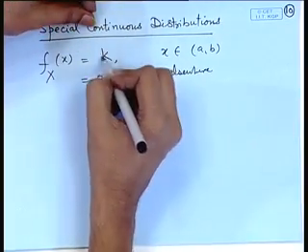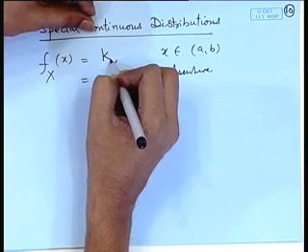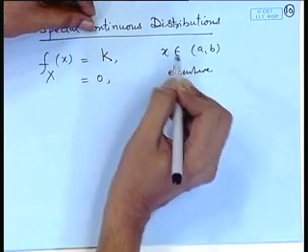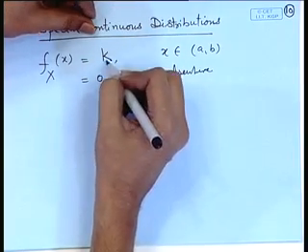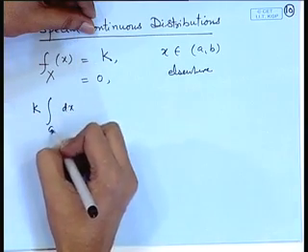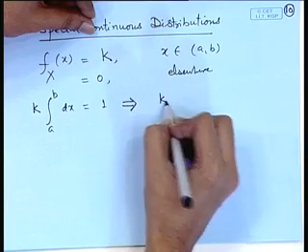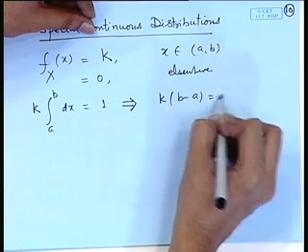Now, what should be the value of the constant? That can be determined by the condition that the density must be non-negative and the integral of the density must give you 1. So, k must be non-negative and the integral of k from A to B must be 1. This means k into B minus A is equal to 1.